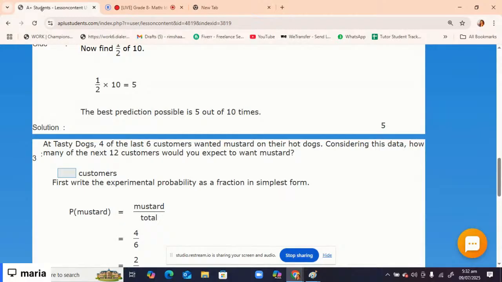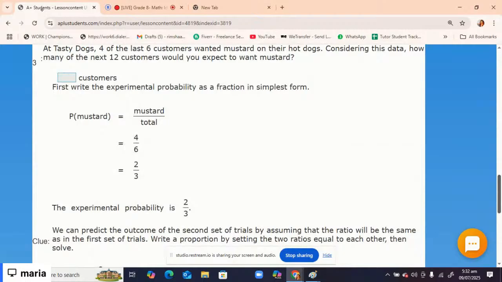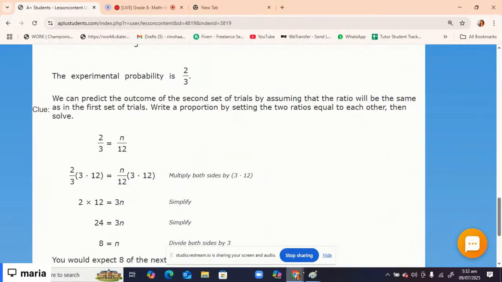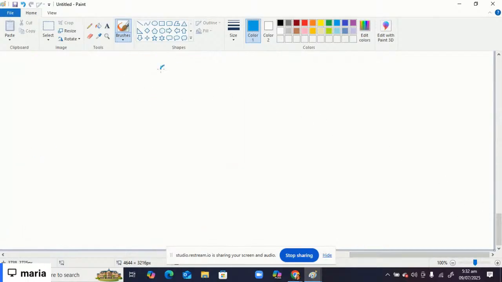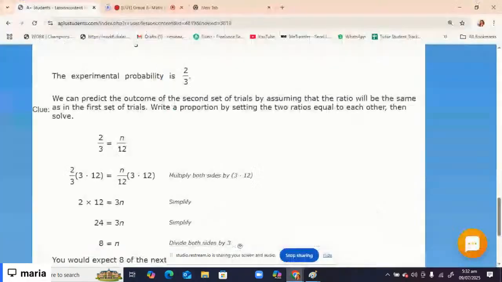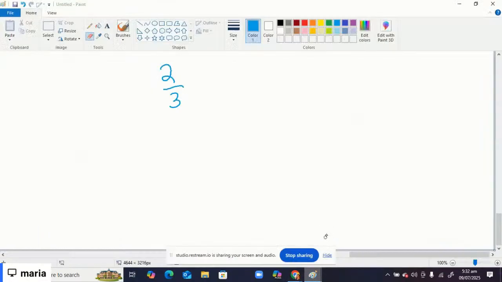So it means that 4 by 6 want mustard on their hot dogs. Considering this data, how many of the next 12 customers? So 2 by 3 of the 12, we are going to find out. 2 by 3 is equal to n by 12. We're going to find out the ratio. Now just multiplying both sides by 3. 2 by 3 times 3, n by 12 times 3.